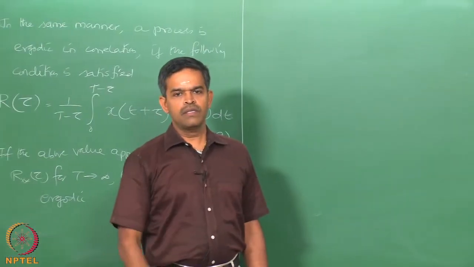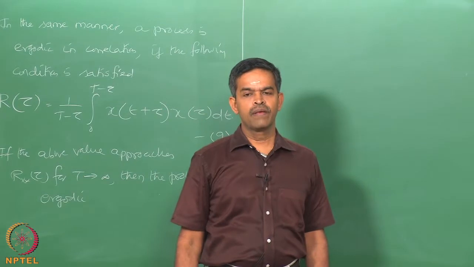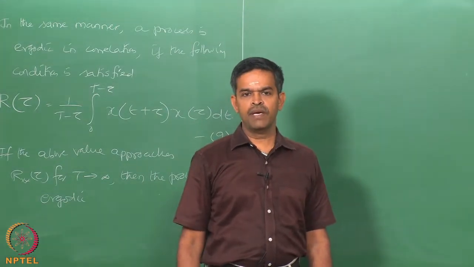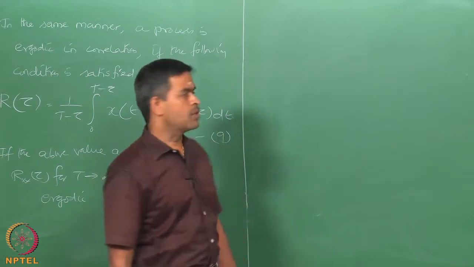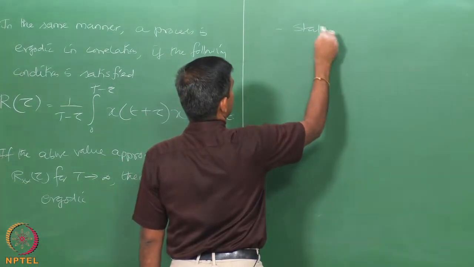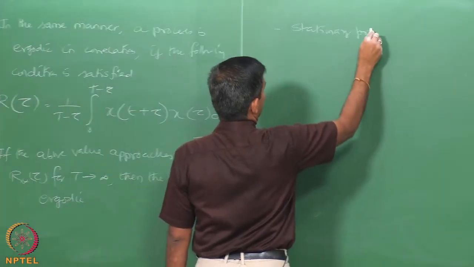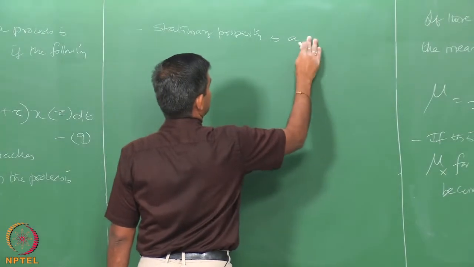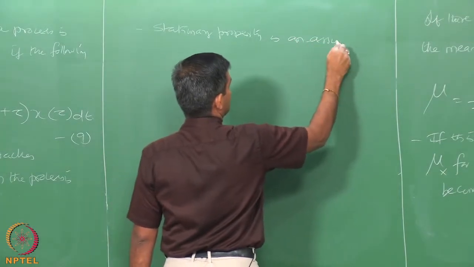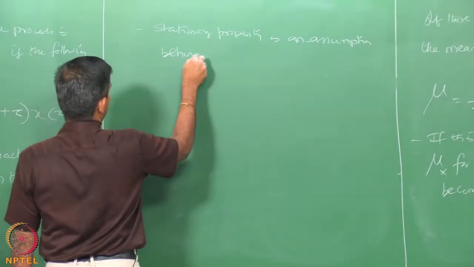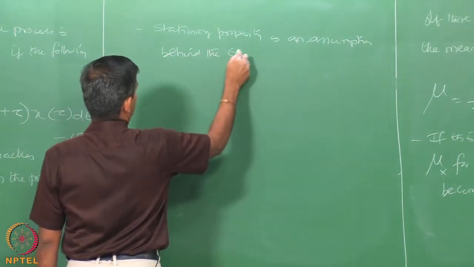Interestingly, in the whole explanation, the stationary property is an assumption behind the definition of an ergodic process. That is important. The stationary property is an assumption behind the ergodic process.